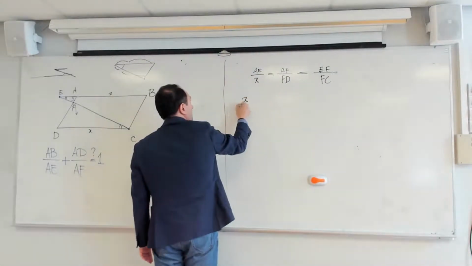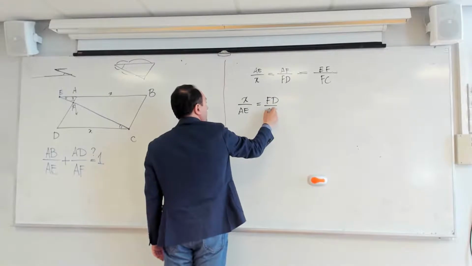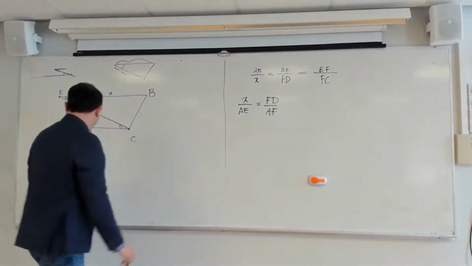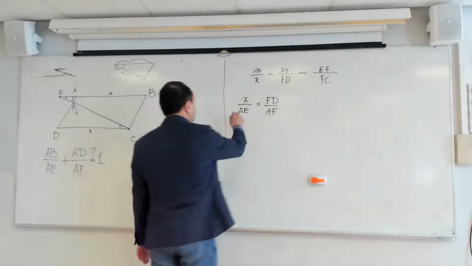So X over AE becomes FD over AF. At least it is somehow a little bit good, because I don't know how to solve the problem, I'm thinking loudly. So at least I have AE in the denominator and AF in the denominator. Kind of.